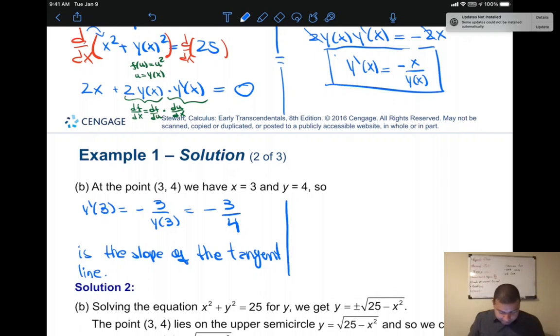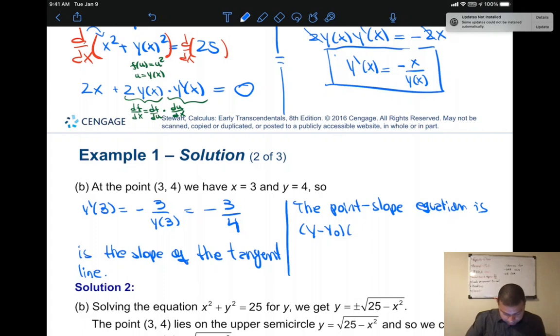Now I'll work on the actual equation. So the point-slope equation: y minus y0 equals m times x minus x0, so y minus 4 equals minus 3/4 times (x minus 3).